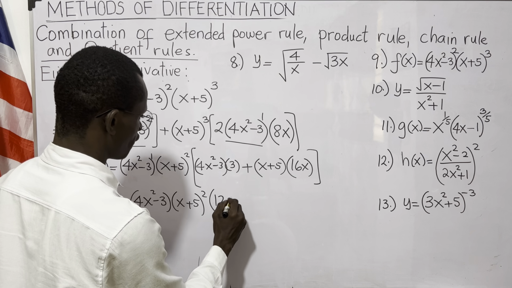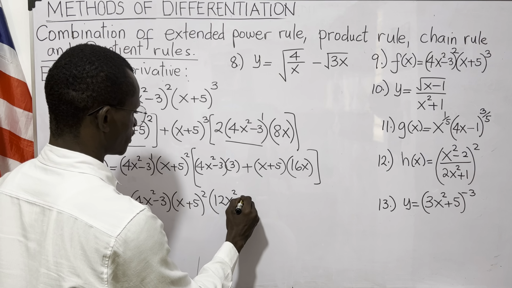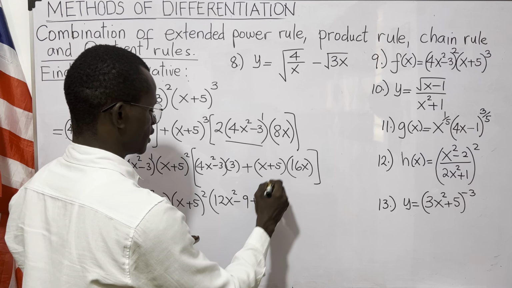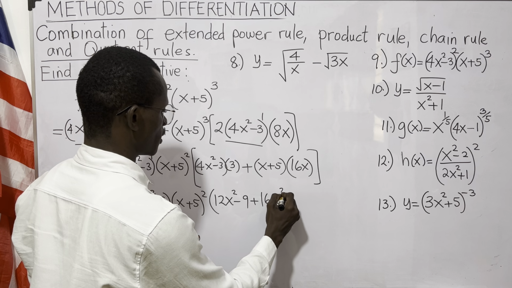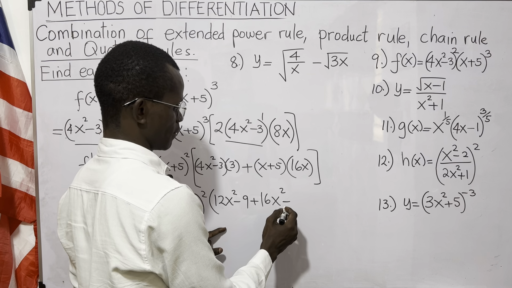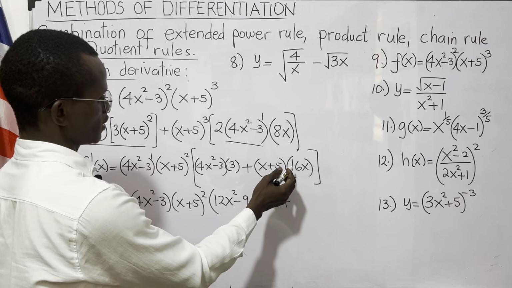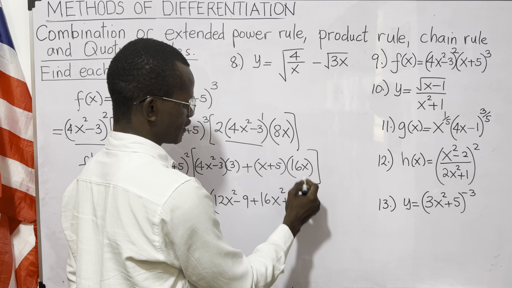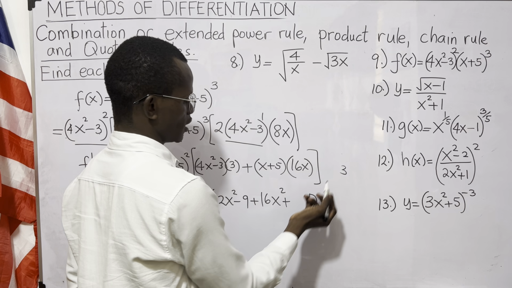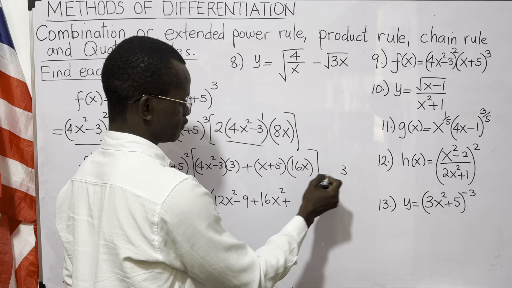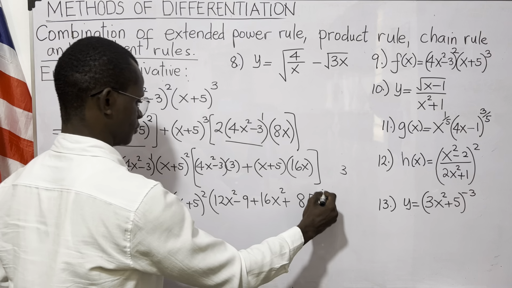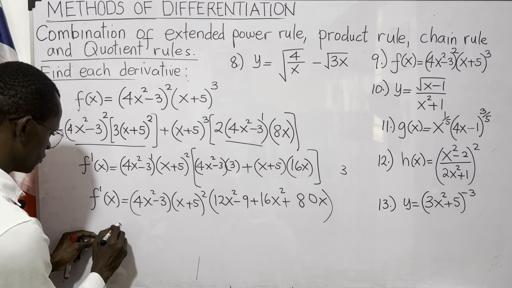This is 12x squared minus 9 plus 16x squared, and then plus 16 times 5. So it's 5 times 6 is 30, and then 5 times 1 is 5, 6, 7, 8, is 80x. So we just simplify in there.